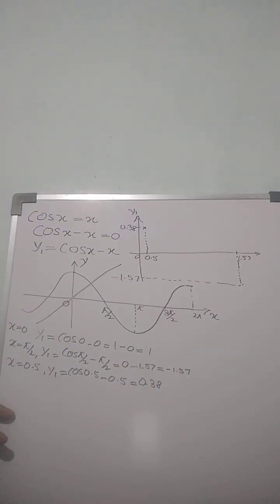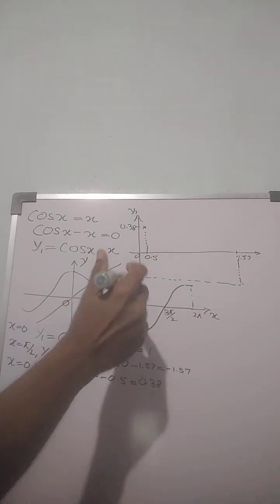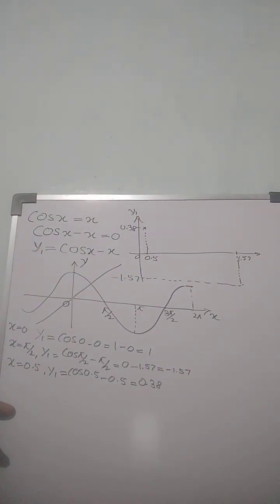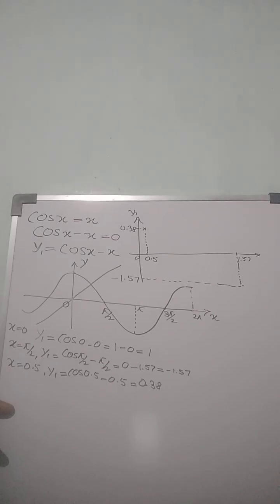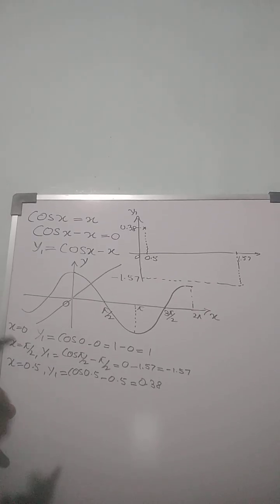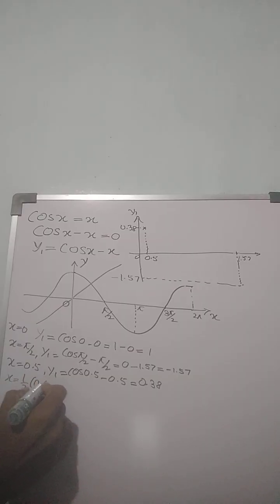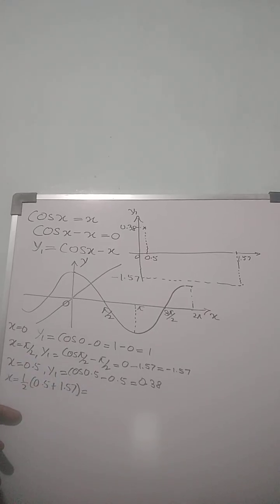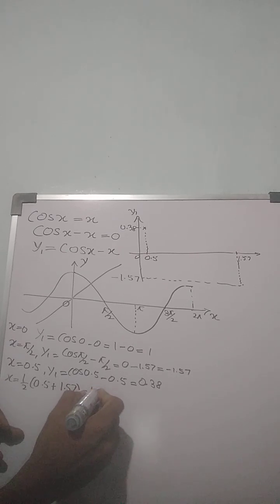Now I am going to take the mid value of 0.5 and 1.57 for the x value and find the y1 value. Here, when x equals half of 0.5 plus 1.57, it is 1.035.